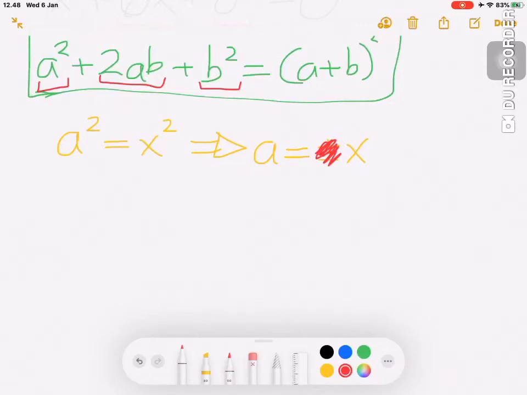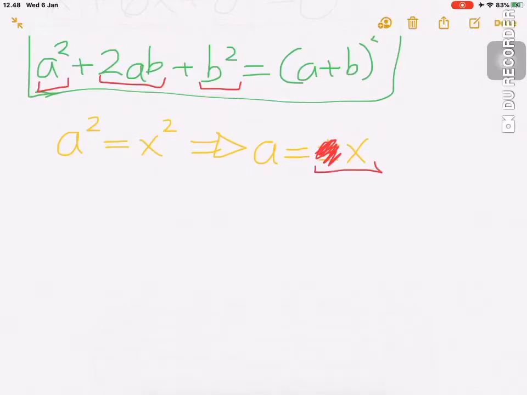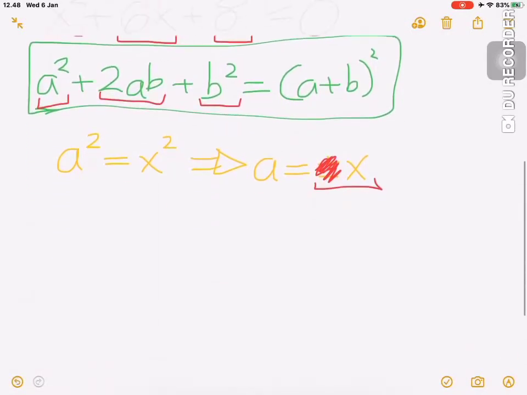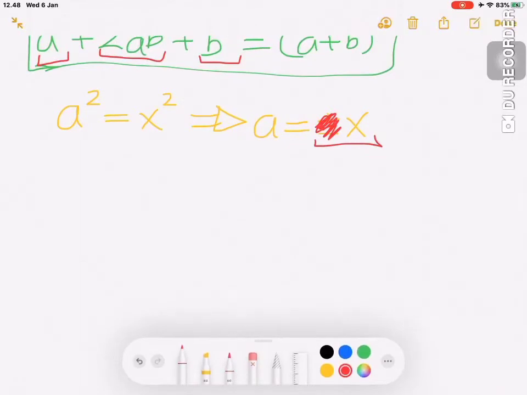You can check that on your own, you can play around with this and it really doesn't matter. In this case, I'll take the positive x, and then we'll move on to, wait, I'll move the board, 2ab equals 6x.